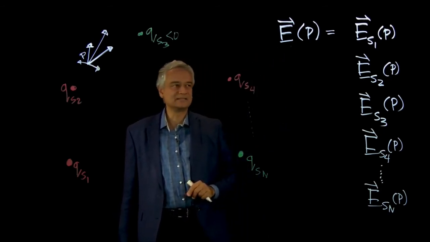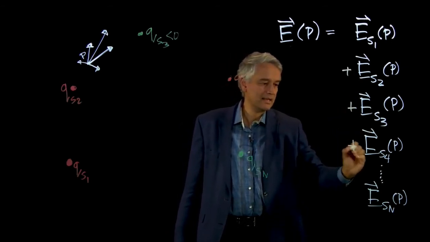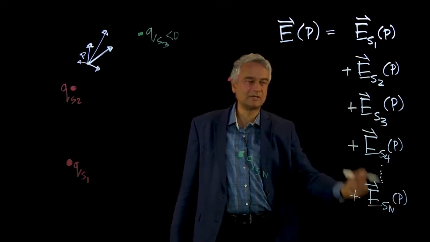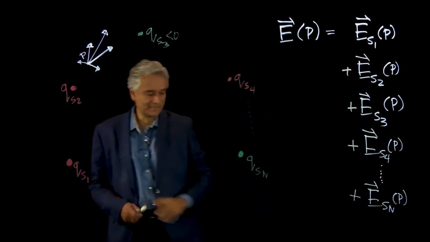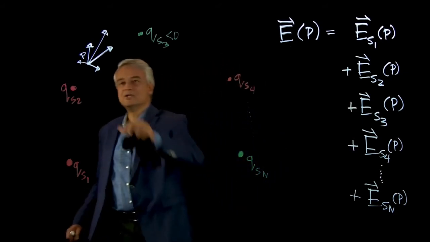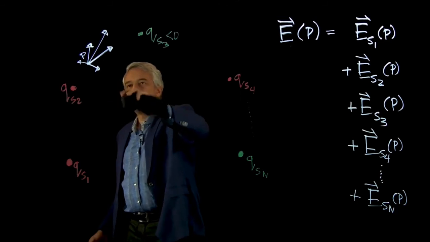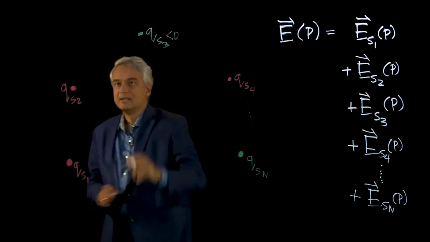The answer is that it's the vector sum of all of these vectors. I take all of these vectors that I've worked out and add them. So I take all of these vectors and add them. And if I do that, you can see that the way I laid out my charges and where I put my point P, when I vector add these 5 vectors, I'm going to get a vector.